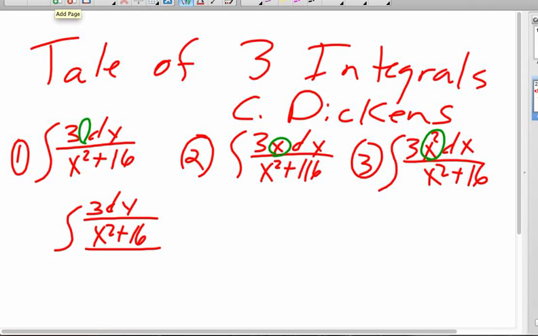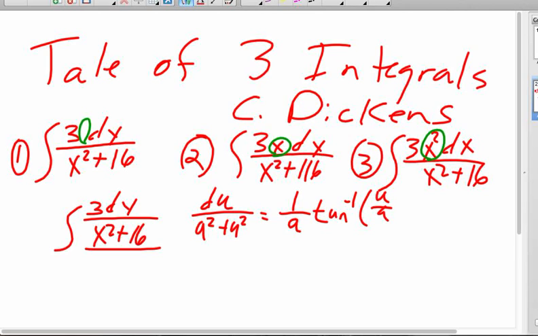But what I know is that du over a squared plus u squared is equal to 1 over a times the arctangent of u over a.